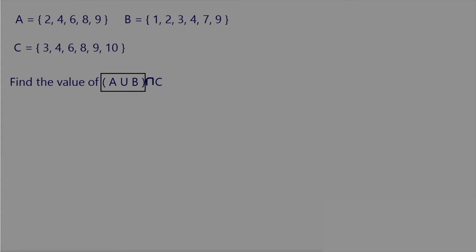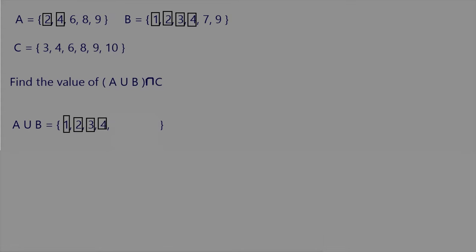So in this case we want to find the union of set A and B, and then for the answer we get for the union of A and B, we find the intersection of the new set, that is (A union B) intersect C. We want to now go ahead and find the intersection of the set (A union B) with set C.